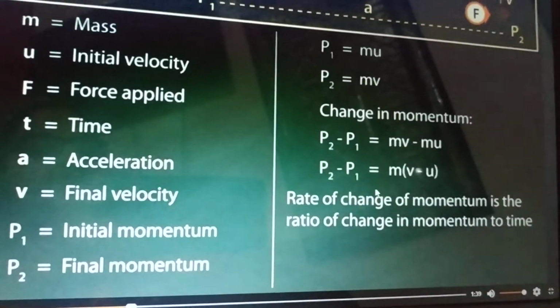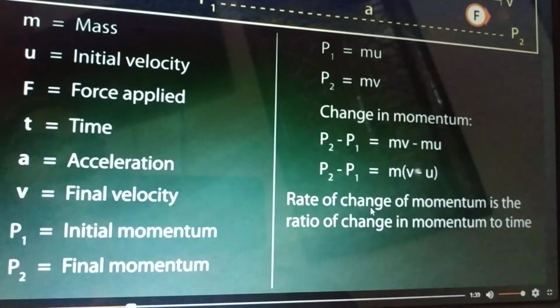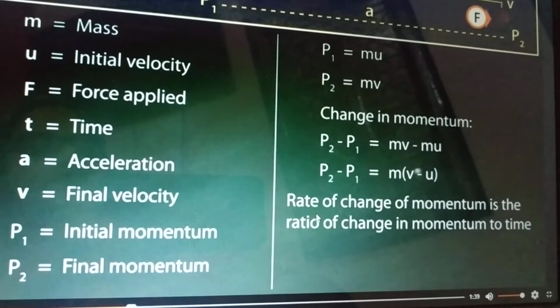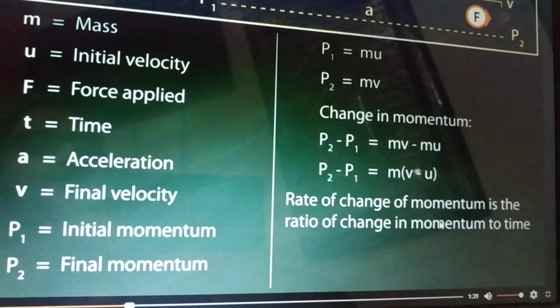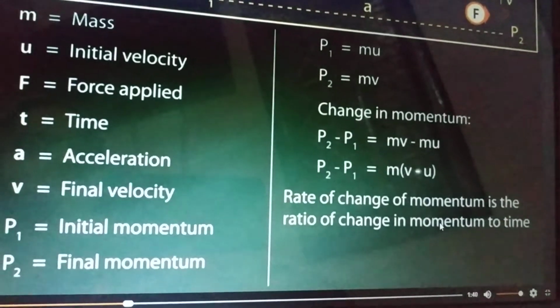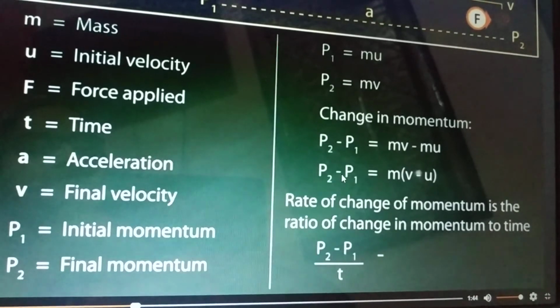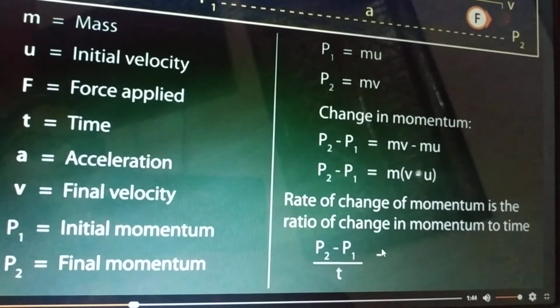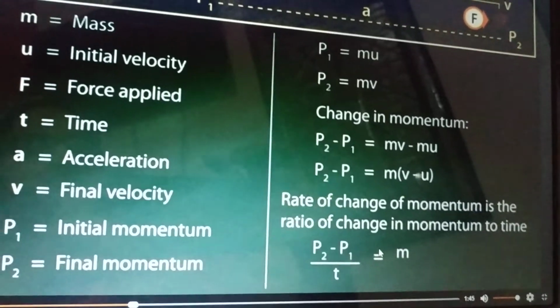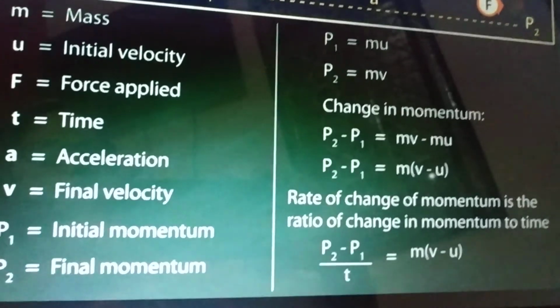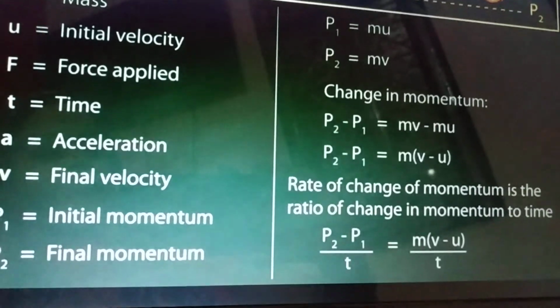So what is the rate of change of momentum? The rate of change of momentum is the ratio of change in momentum to the time. So it is with respect to the time. So p2 minus p1 divided by t. So we divide this equation by t on both sides.